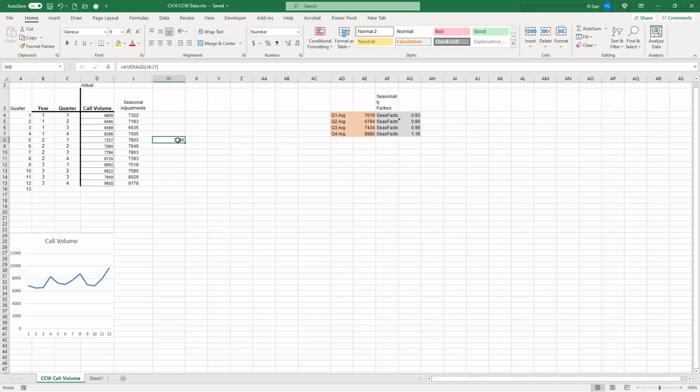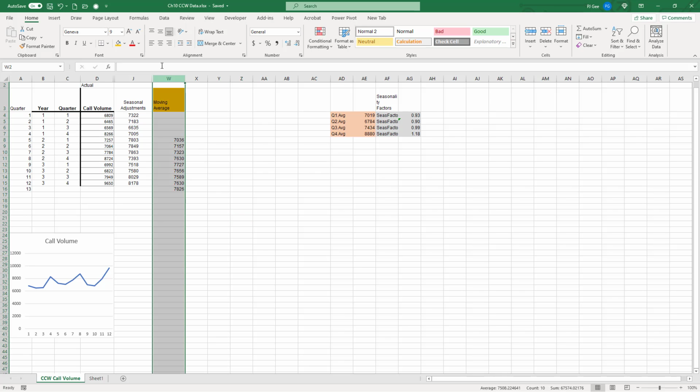And then I can just drag that down. Boom. Okay, so this is moving average. I'll just push that down so it's more readable. And that column I can center up. That centers up quite nicely.